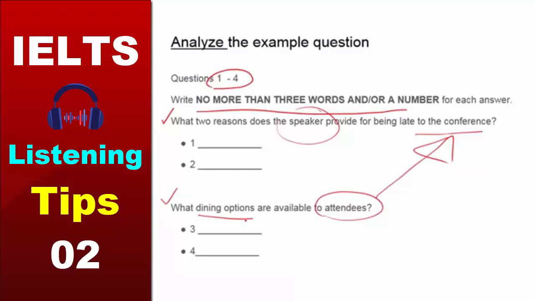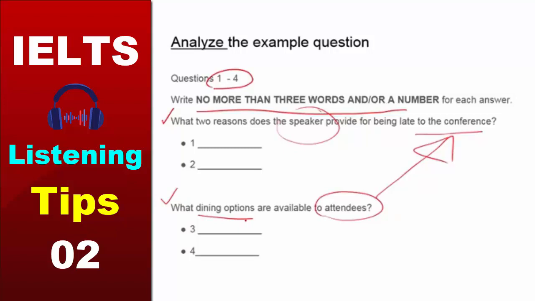Now you might be able to predict just from what we see in this question that we are either going to listen to someone speaking to a crowd or somebody speaking to another person explaining why he or she was late and discussing where they can find a good meal somewhere around this conference.